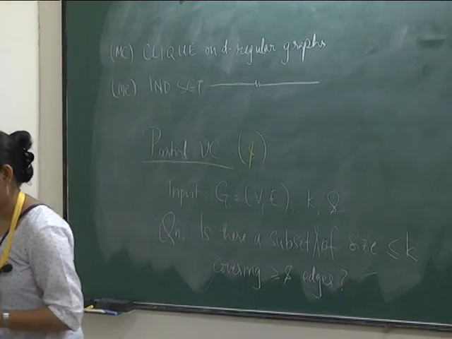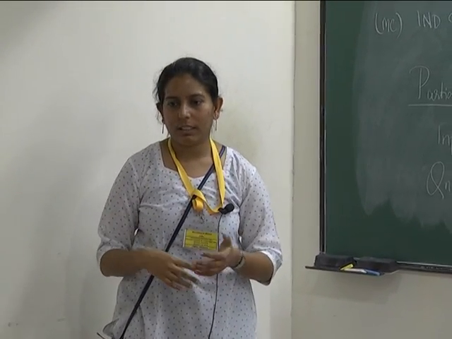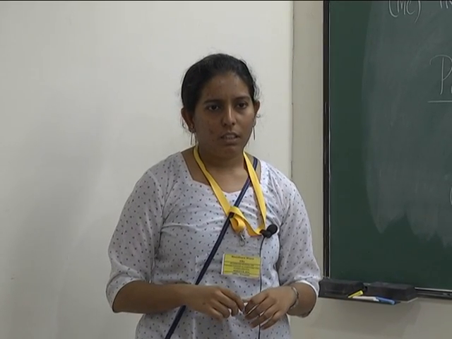Because the standard branching says if you have an edge, you must pick either this or that. That's not quite correct, because now you only are interested in covering at least S edges. Off the top of my head, I don't know. Saket would know what happens if you parameterize by both K and S. It is FPT. Probably it's not completely obvious to me, but we can think about it.